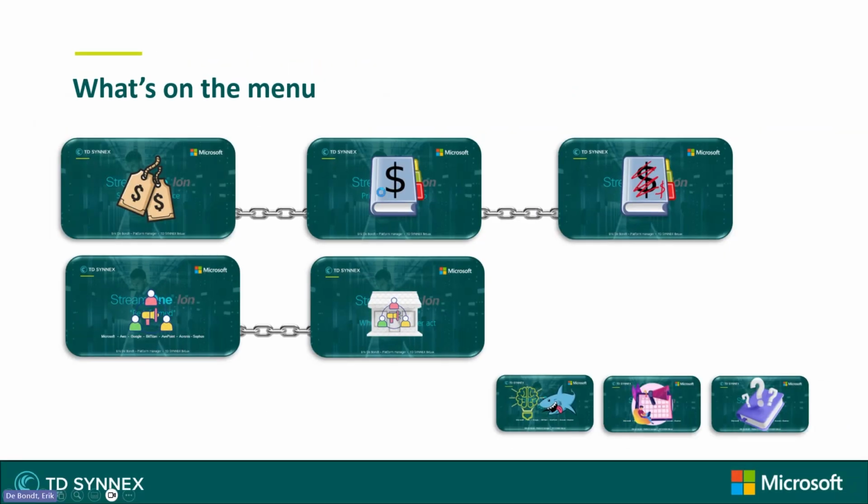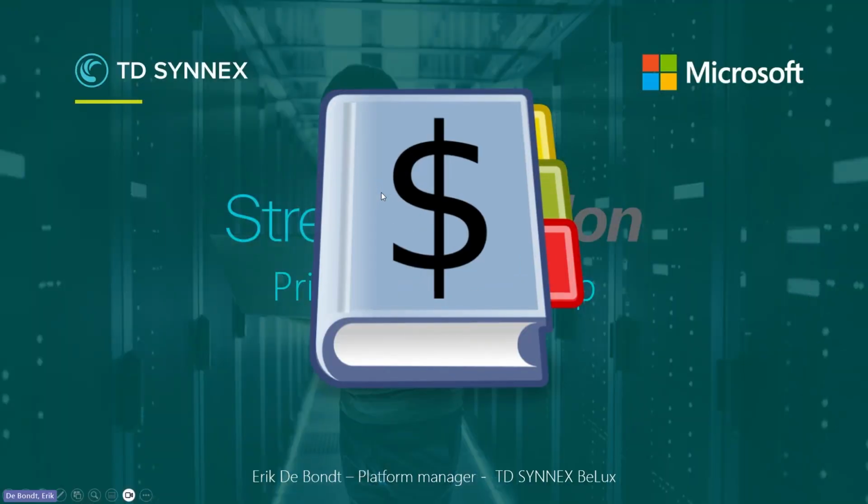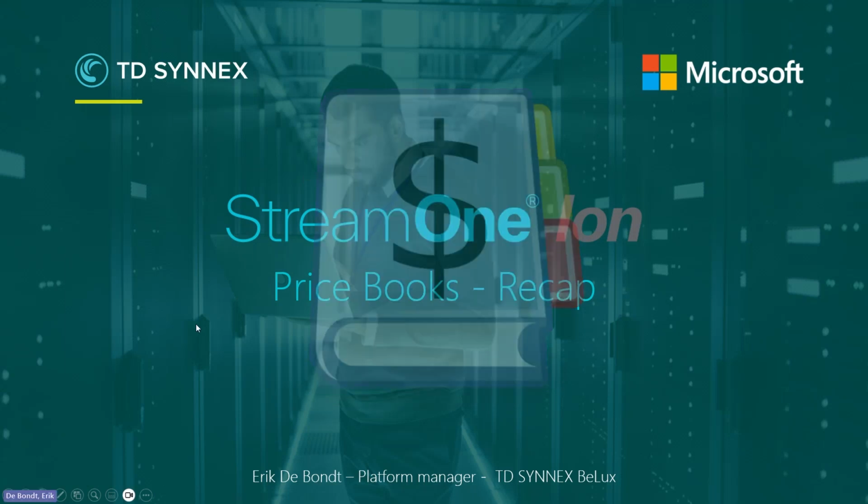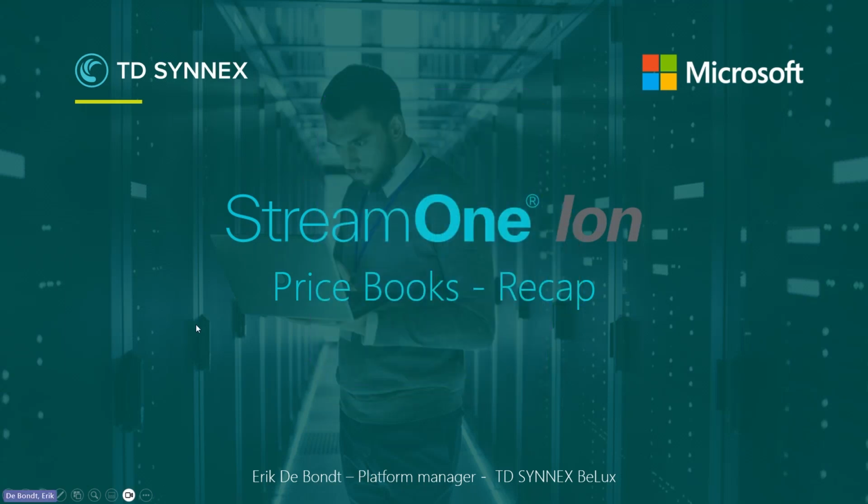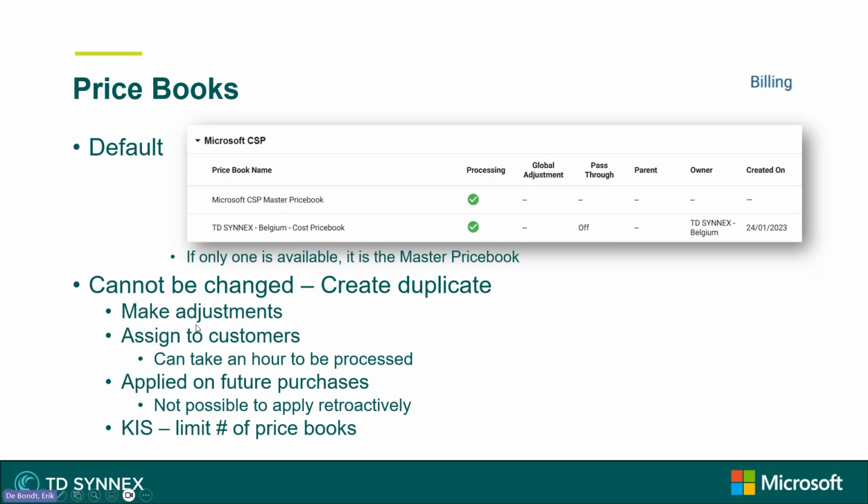So let's go to the first, which is price book management. It's a recap. I gave it before, but it doesn't really matter. Per default, per vendor, you have two price books. You have a Microsoft CSP, Microsoft or Google or AWS whatsoever.